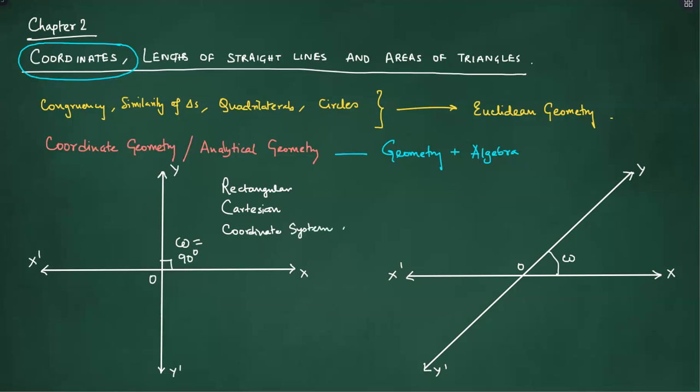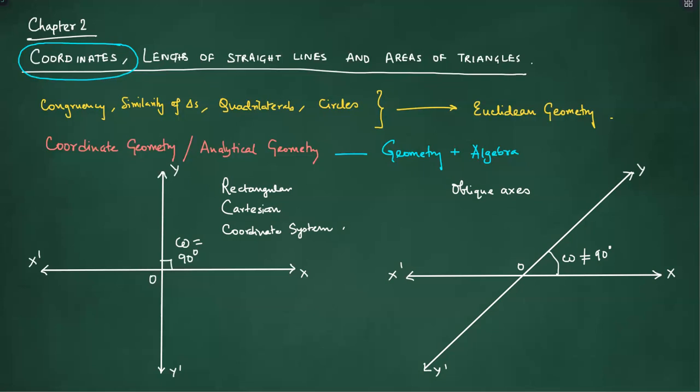In the other case, when omega is not equal to 90 degrees, we call this the system of oblique axis.